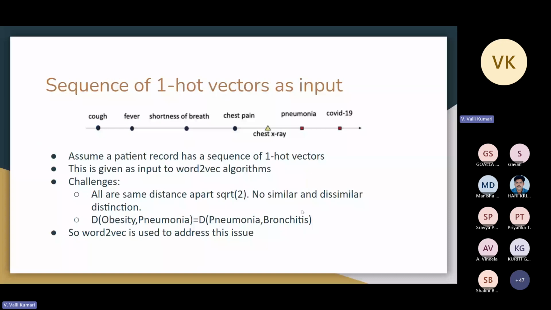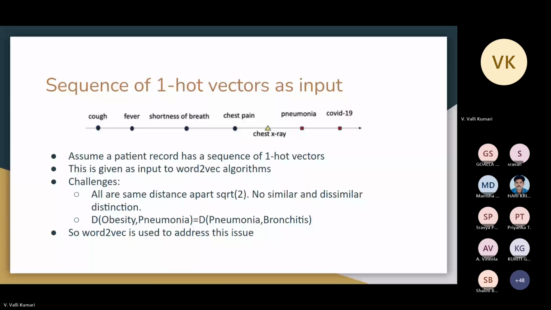Now, when it comes to some patient data, there can be an input of a set of one-hot vectors. Like, for example, for COVID-19 to happen, the other words initially in the record will be like cough initially. Next event could be fever. Next could be shortness of breath. Next could be chest pain.